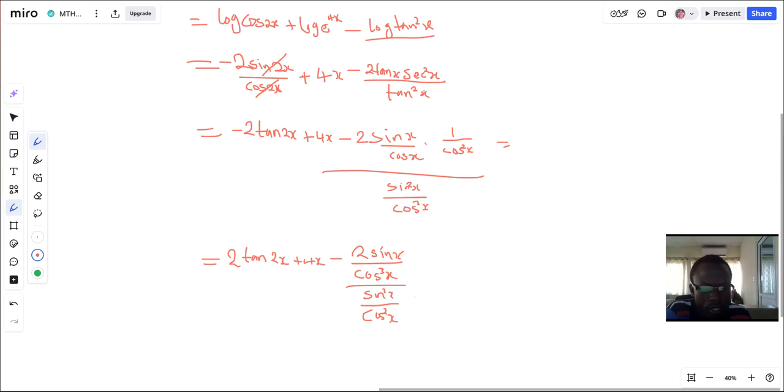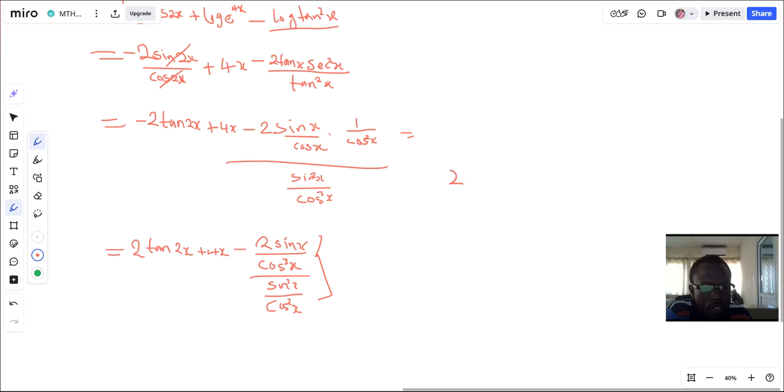Okay, sorry guys. So let's simplify this. 2 sin x over cos cube x divided by sin x over cos x is the same thing as, if you have to multiply it, cos square x over sin square x.